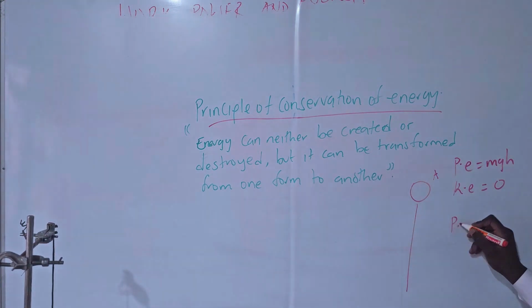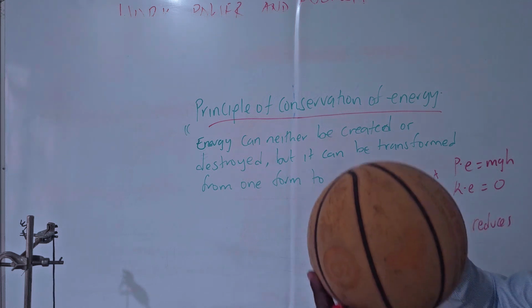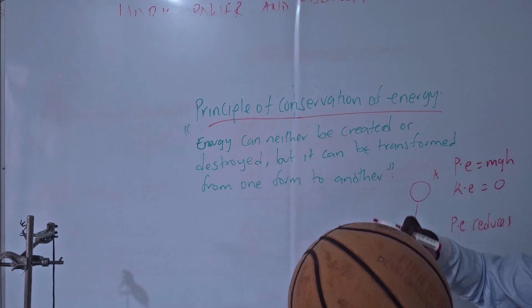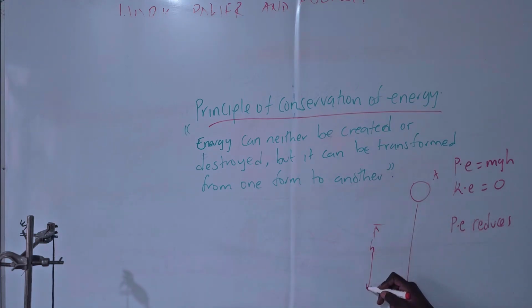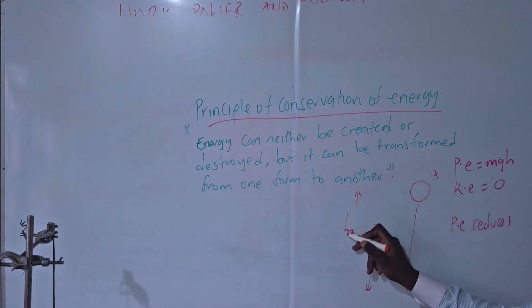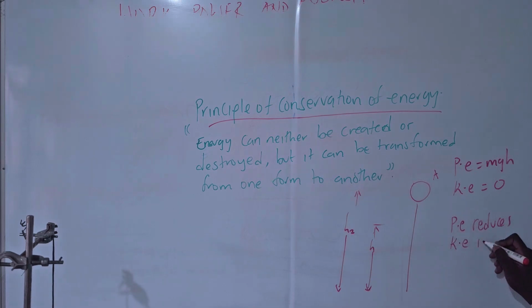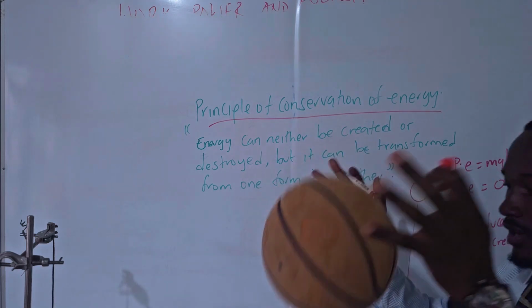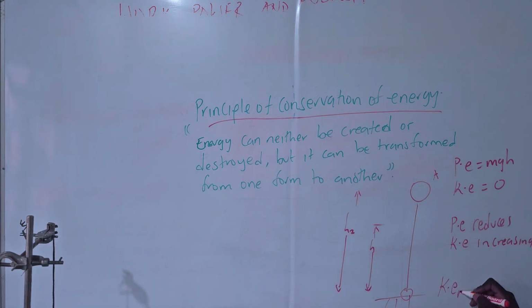The potential energy reduces because the potential energy depends on the height. So as it moves down, the height keeps on reducing. The height at this point is not the same height at this point, but the kinetic energy keeps on increasing. So when it hits the ground, it has maximum kinetic energy.